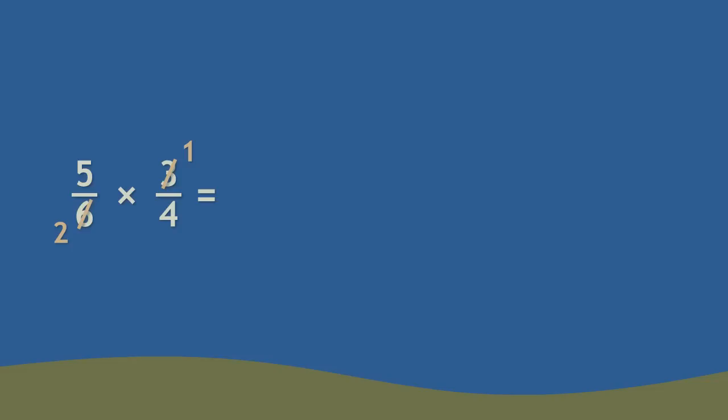Is there a factor that is common to both those numbers? There isn't, so those two numbers will stay the same. Now we can go back to multiplying across like we've already learned. So 5 times 1 would be 5, and 2 times 4 would be 8. Okay, and that is in lowest terms, so we would be done with our problem.